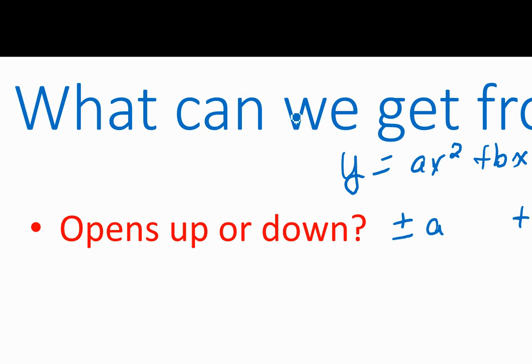Positive a tells me it's going to open up. Negative a tells me it's going to open down. Okay, so based on the sign of my a value, and that's always attached to the x squared, that's going to tell me if it opens up or if it opens down.